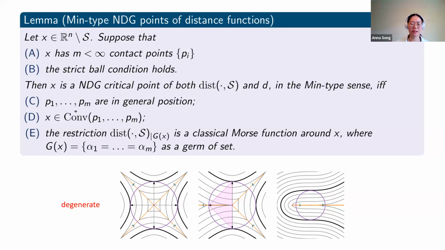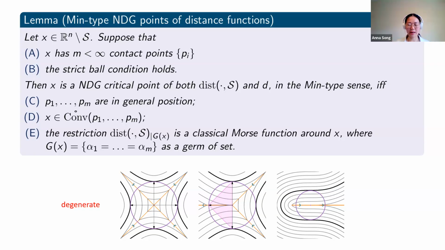The second condition says that X should belong strictly to the inside of the convex hull of the contact points. And the third one states that the restriction of your function to the stratum of the medial axis on which X is sitting should be a Morse function in the classical sense, in the sense that the Riemannian Hessian shouldn't vanish.